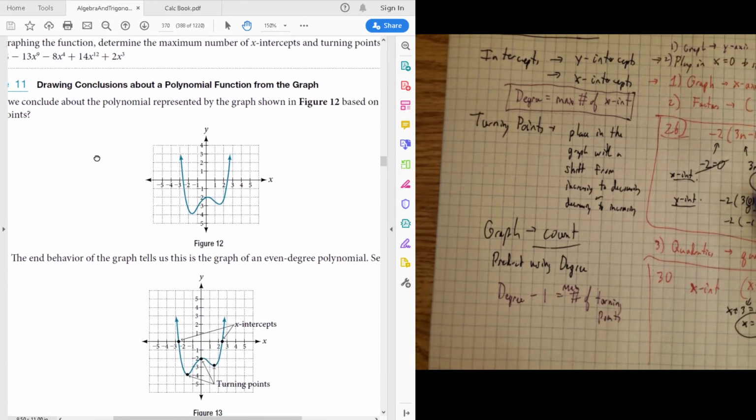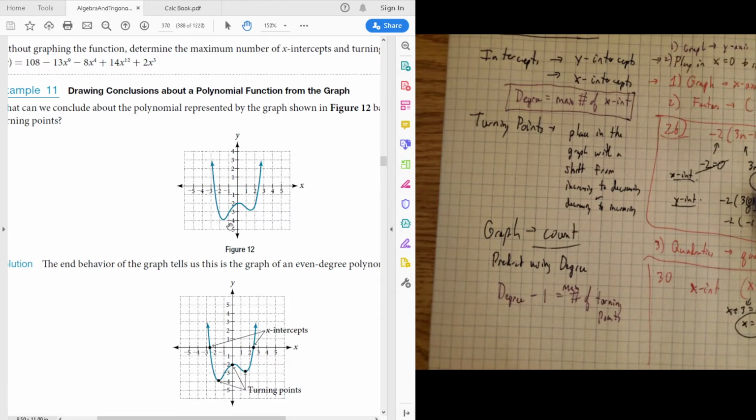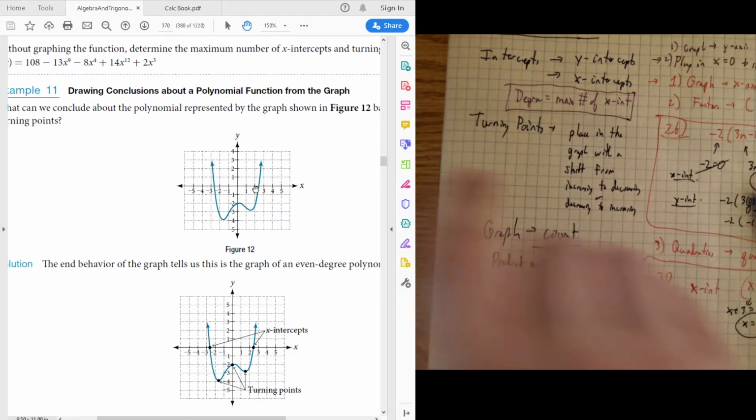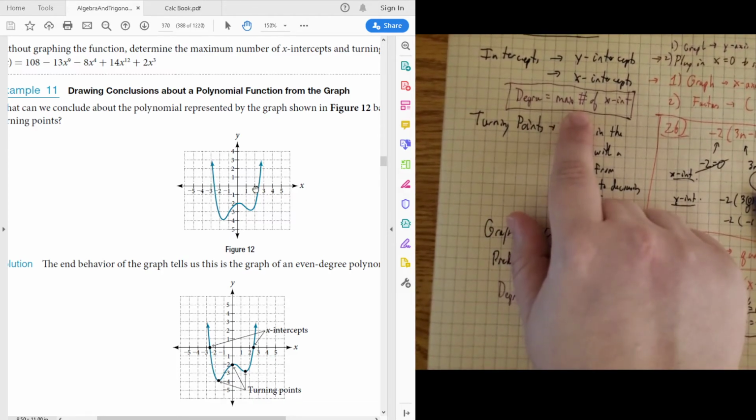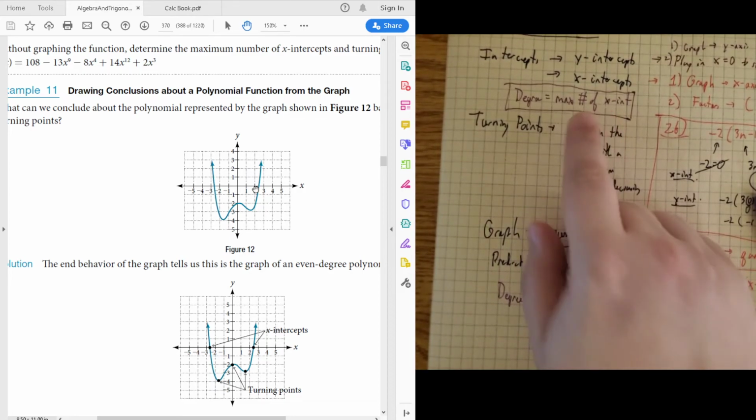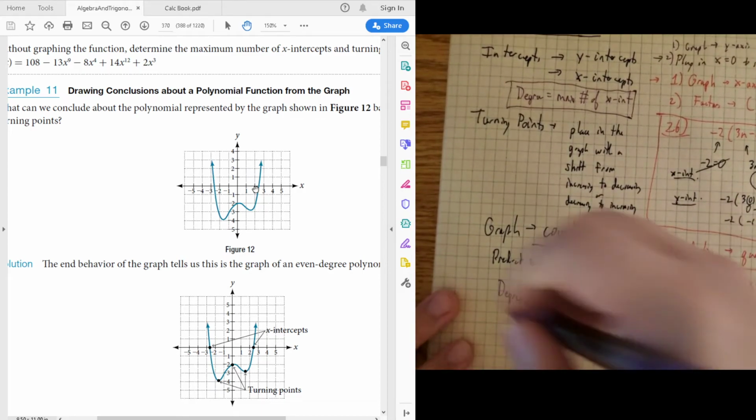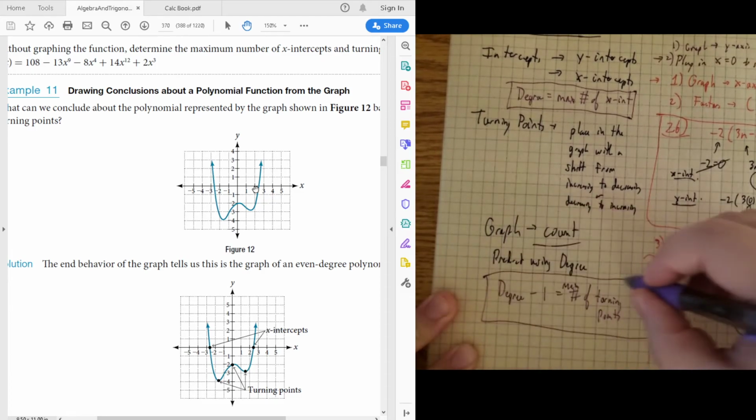And you can even work backwards. There's a great example of this here. How many x-intercepts are there? 2. But how many turning points are there? 3. If there are 2 x-intercepts, that means it could be degree 2. Because remember, the degree could equal the max number of intercepts. But both these can be true at the same time. And they could be different numbers.